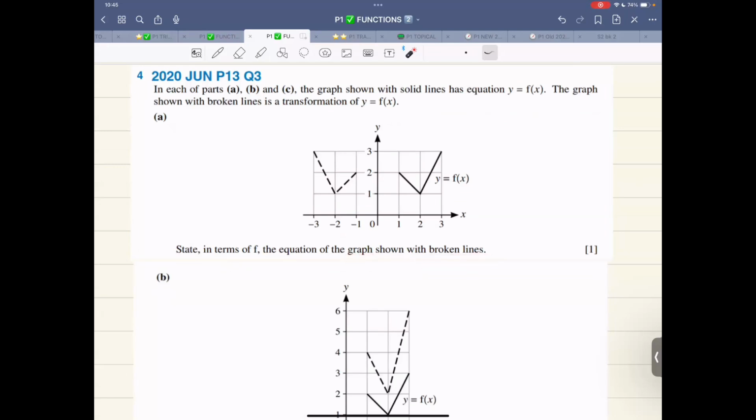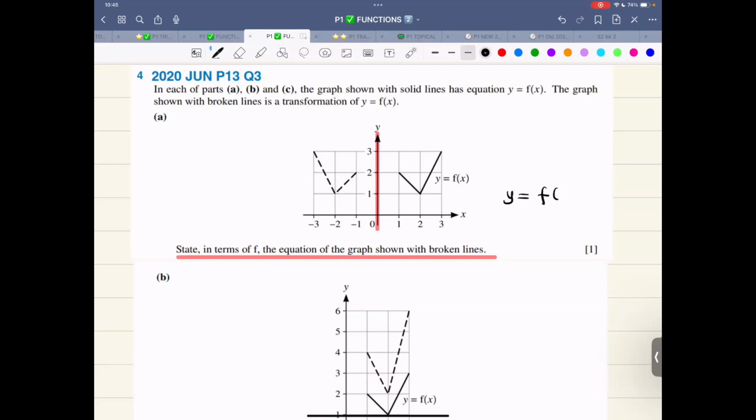Now, what do you observe? We observe that this is a reflection in this particular line, which is the y-axis. How can we observe it? This point becomes this point becomes this point becomes this. So it's a reflection in y-axis. They are asking us to state in terms of f the equation of the graph with the broken line, naturally in terms of this thing.